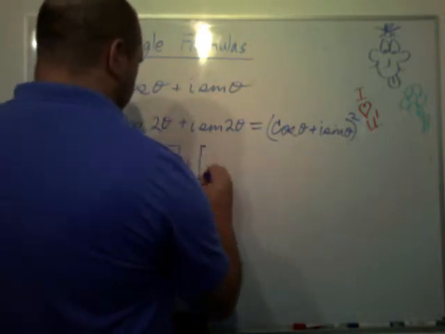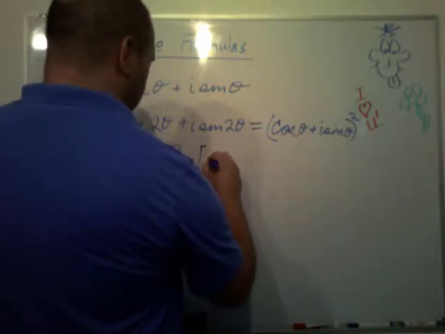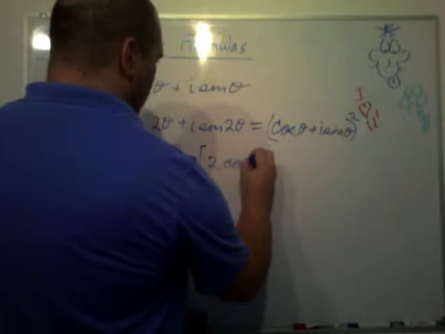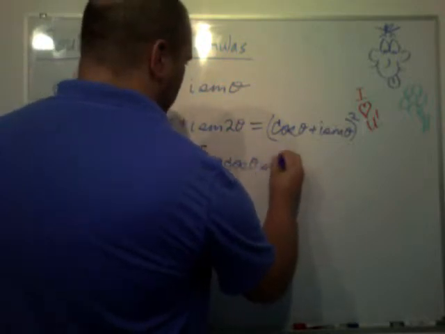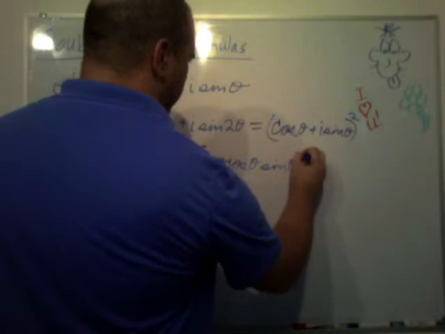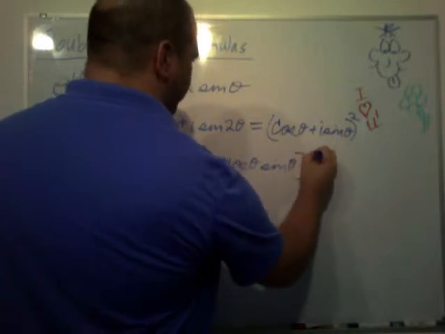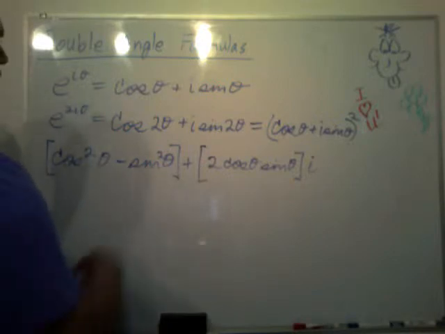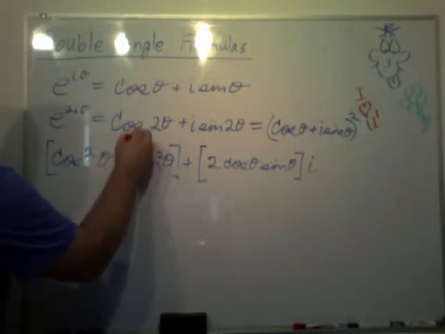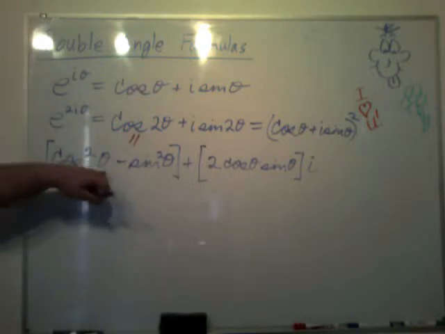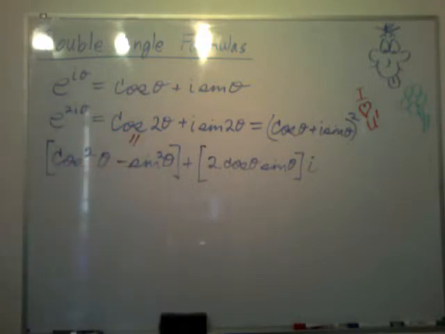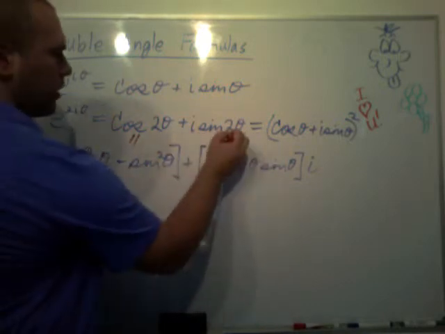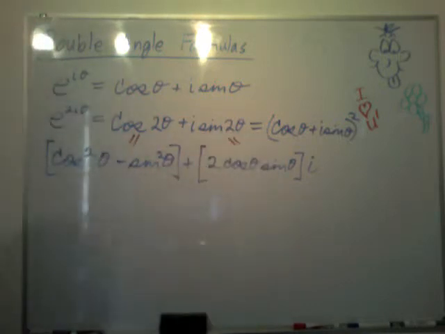So that's 2 cos theta sine theta times i. Okay. And equating real and imaginary parts, we see that cos 2 theta is equal to cos squared theta minus sine squared theta. And sine 2 theta is equal to 2 cos theta sine theta.